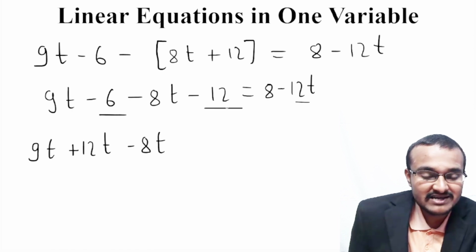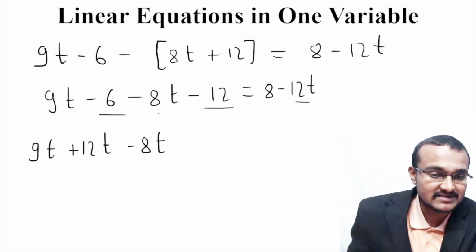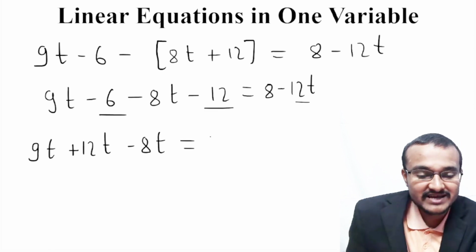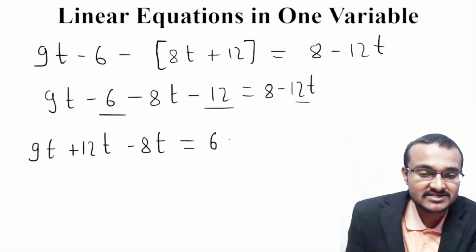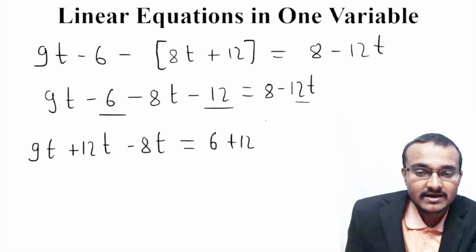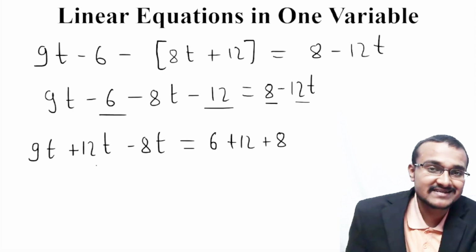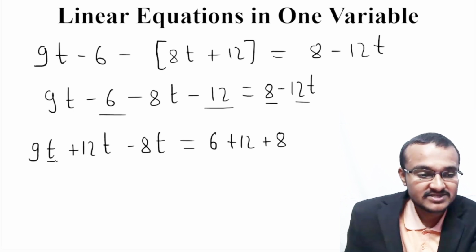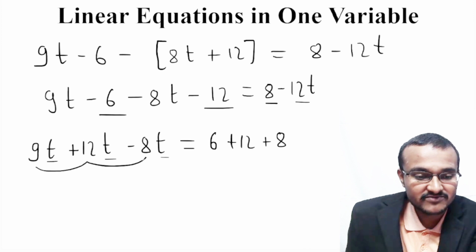So this minus 6 and minus 12 I will take to RHS. When you bring this minus 6 to RHS, it will become plus 6. When you bring this minus 12 to RHS, it will become plus 12, and here 8 is there, so plus 8. So now you can easily solve this particular equation. This variable, this variable, this variable are the same, so you can easily perform addition and subtraction between these three numbers.